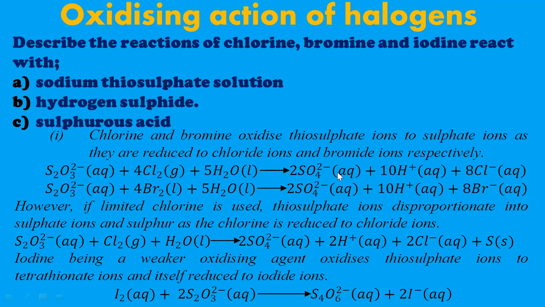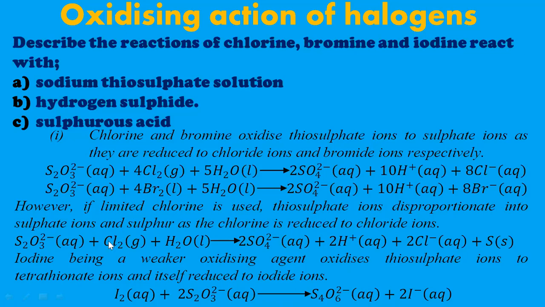In addition to the products we have here, we shall have to add sulfur if we are using limited chlorine, because the oxidation will not be complete. So this is the reaction that will occur if we use limited chlorine. If the chlorine is in excess, then these are the two reactions that occur. That's with thiosulfate ions from sodium thiosulfate.